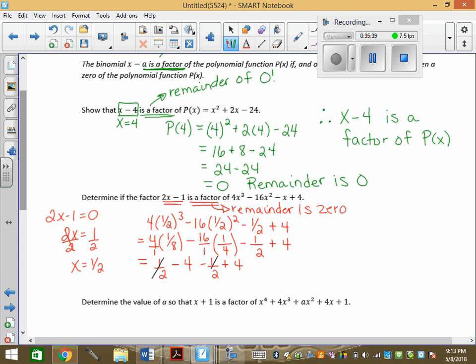Much better. So 1/2 minus 1/2, negative 4 plus 4, they cancel and I get 0. Yay. So, therefore, 2x minus 1 is a factor of 4x cubed minus 16x squared minus x plus 4.